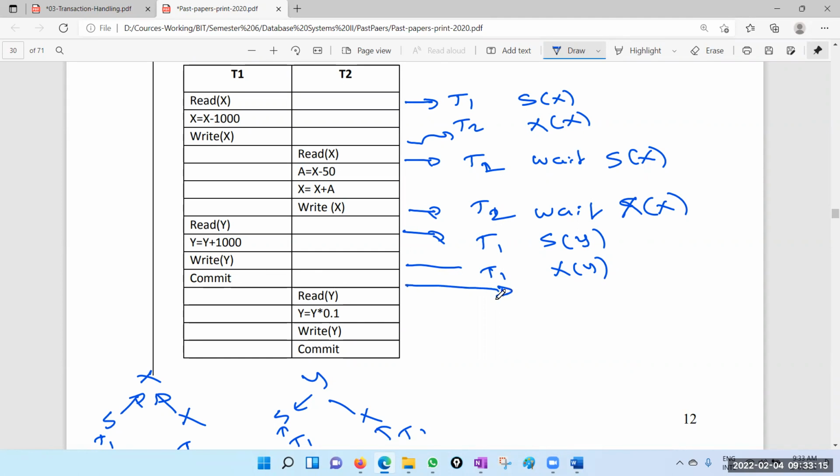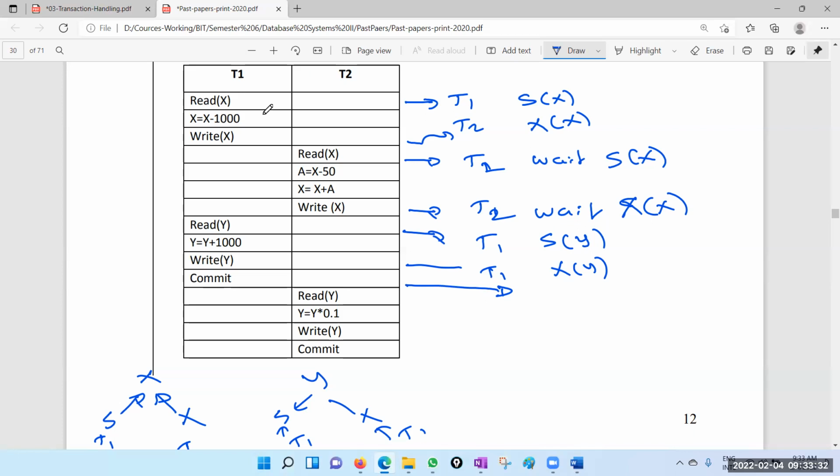At commit it can release everything, which is our assumption here. To make it simple, that is the approach you are expected to take. Now transaction 1 can release all the locks it has acquired.